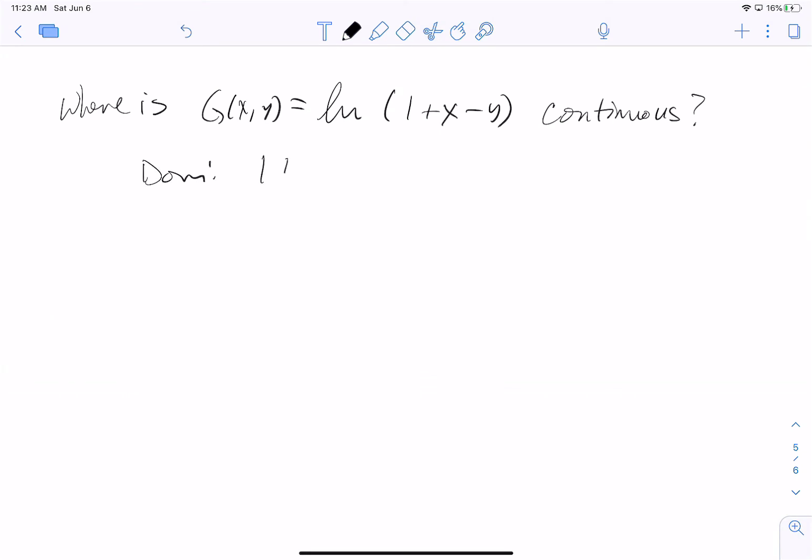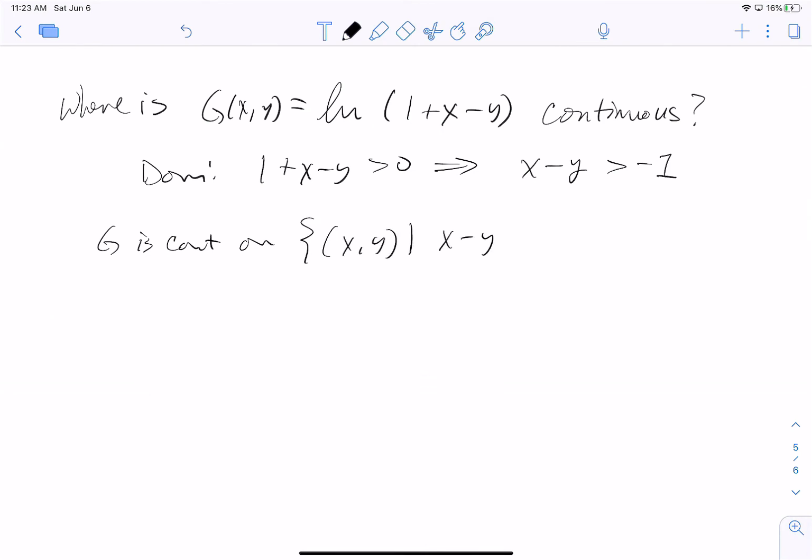We must have that 1 plus x minus y is greater than 0, which implies that x minus y is greater than negative 1. So g is continuous on the set of ordered pairs (x,y) such that x minus y is greater than negative 1.